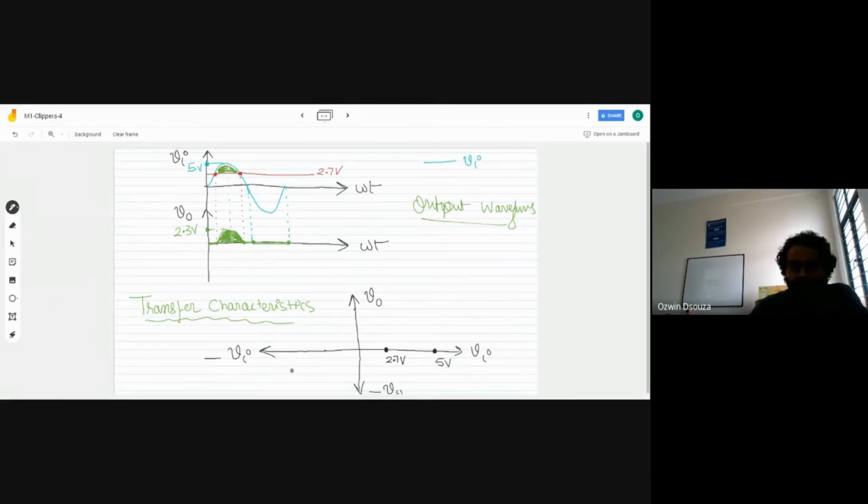Okay. Similarly, on the negative half cycle, you mark the maximum value of the input. So in the negative half cycle, maximum value of the input is minus 5 volts. All right. Fine. Now let us draw the transfer characteristics. Okay, you don't have to calculate the slope because right from your output waveform, it is possible to draw the transfer characteristics.